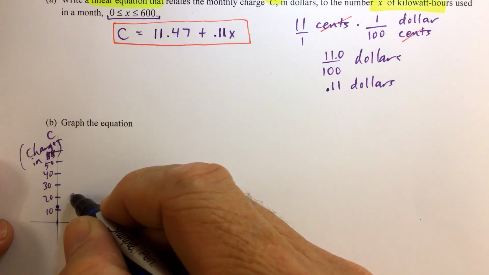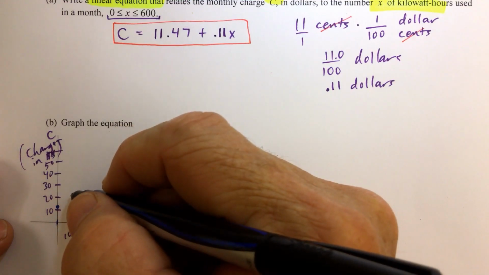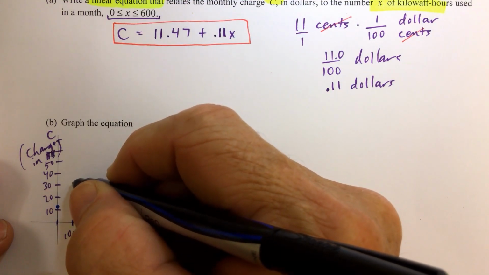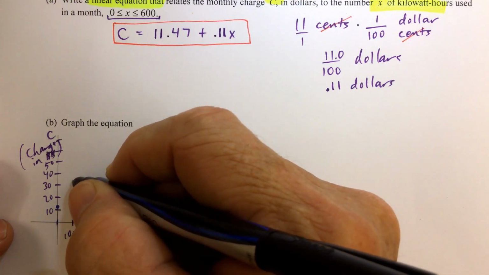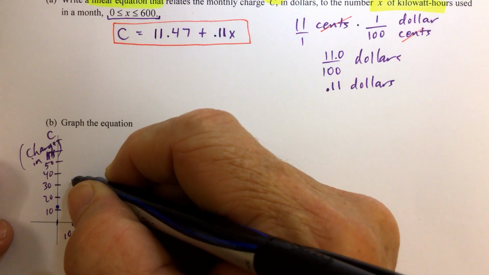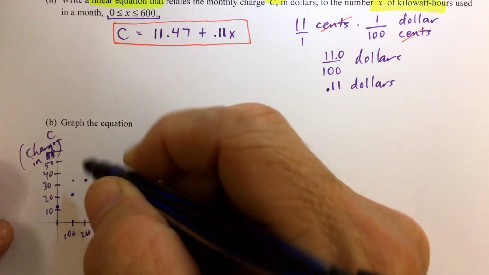Then there's another point, and we go up 11 more, or a little bit more than 11, so now we're at almost 34, and we go over another 100. Something along those lines.